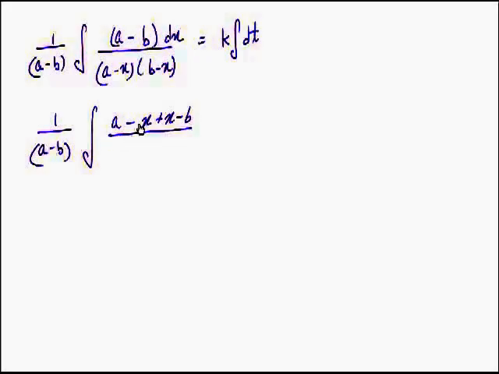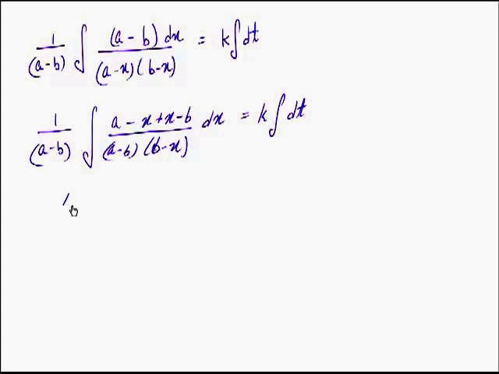Now I need to manipulate this further to make it convenient for me to integrate. So I'm putting in minus x and plus x out here. You will see the result of this in a moment or two. Now I can always simplify the numerator, writing it as A minus x minus B minus x.